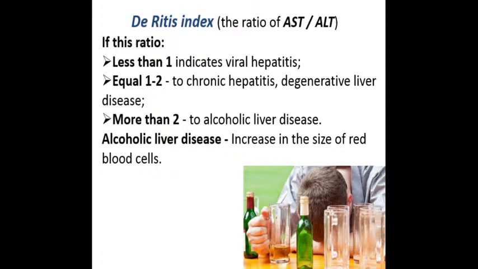Equal to 1 or 2, the patient may have different chronic hepatitis and degenerative liver diseases. More than 2, it is alcoholic liver disease. And you must remember that if the patient has alcoholic liver disease, the size of the red blood cells increases.